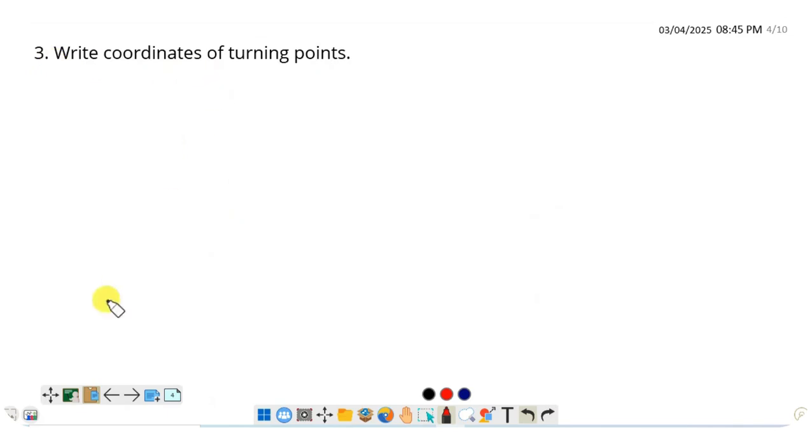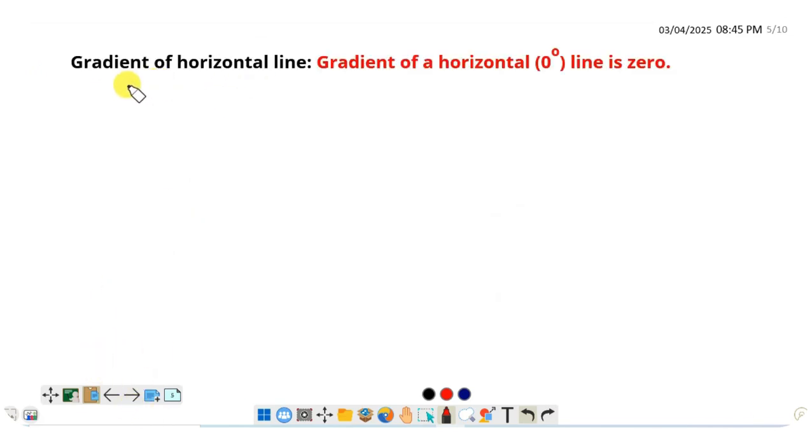Okay, before we do this, let me explain something first: how the gradient on a graph works. The gradient of a horizontal line is like this.